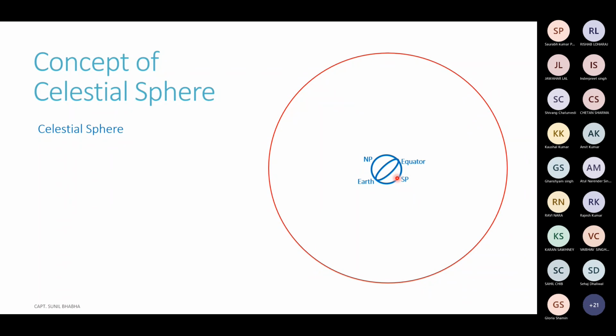Now, we know that the Earth rotates on its axis, completing one rotation in 24 hours. Now, this axis passes through the poles, the North Pole and the South Pole. So let us mark this axis of the Earth in this diagram, and let us extend this axis to the celestial sphere.